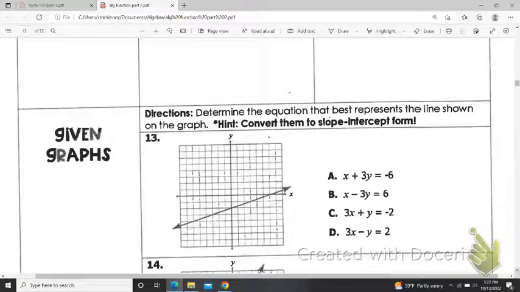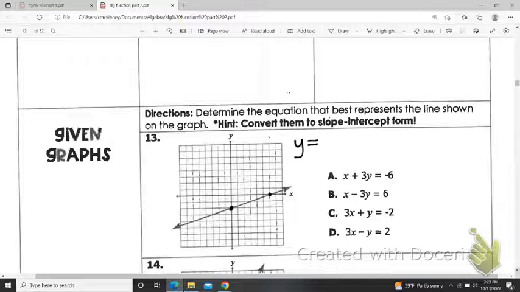So for example, we did this already. If we used some IXL and did this, and we did it on paper. If we were writing the equation for the graph, I would need the y-intercept and I would need the slope.